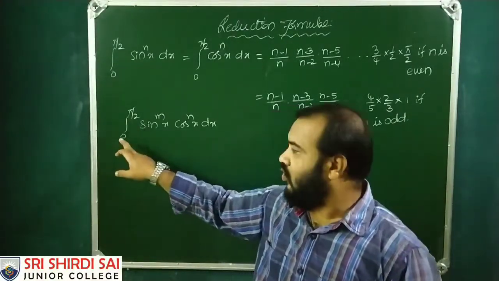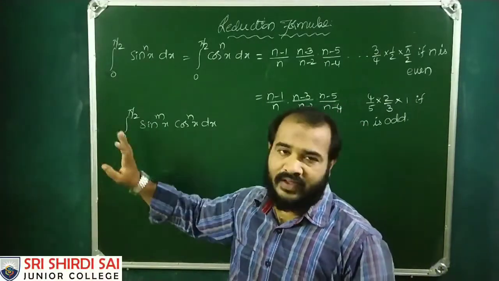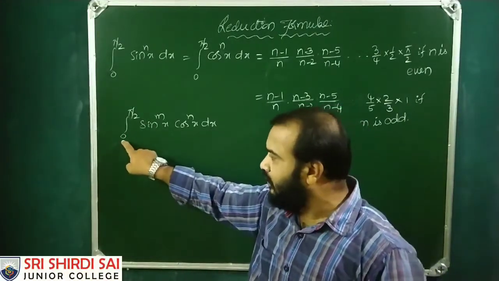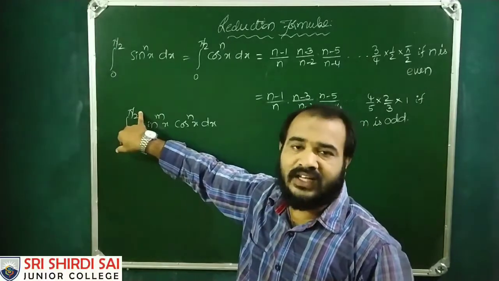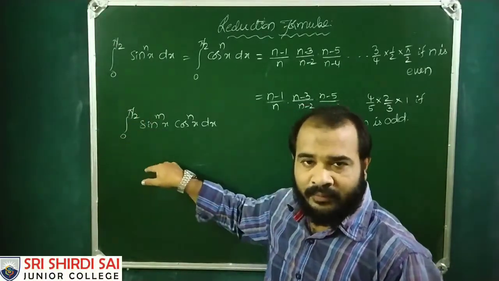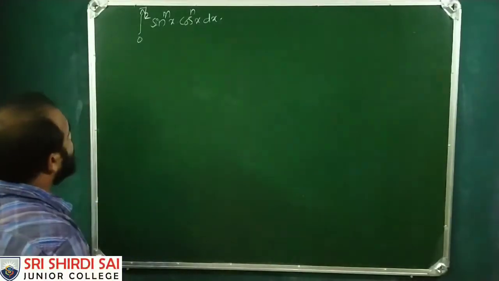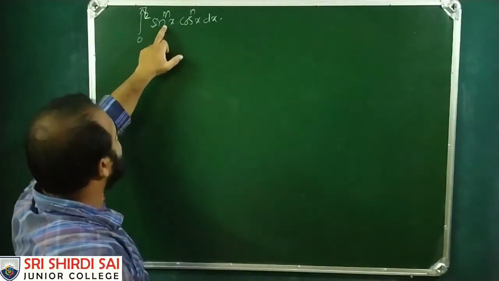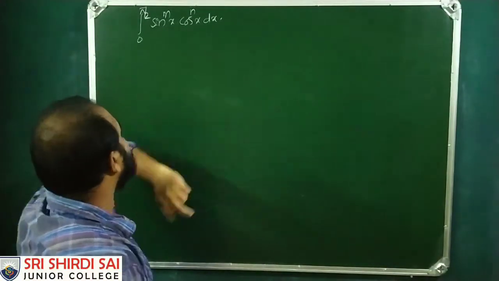So it is not 0 to 2 pi or 0 to pi or something else. It is strictly between 0 to pi by 2, because this is a special case which we will be discussing now.